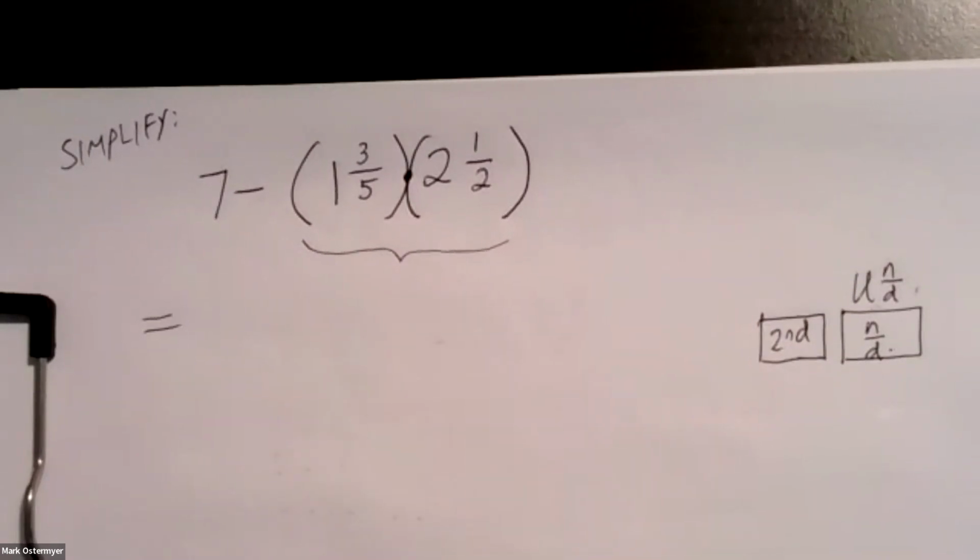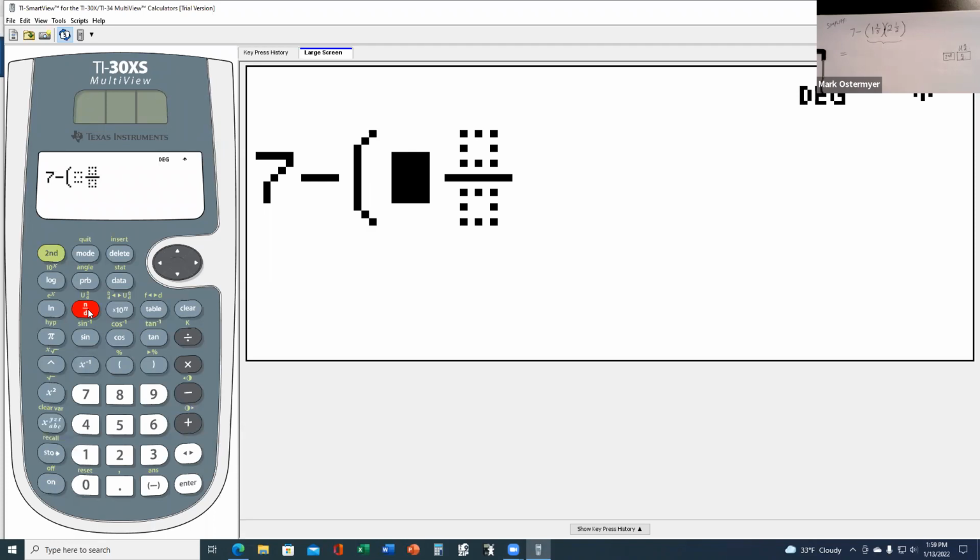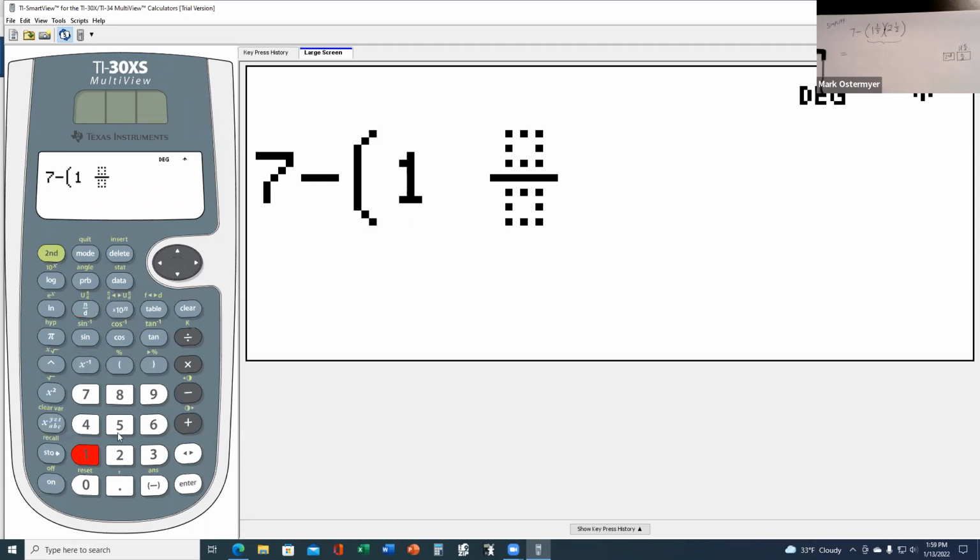Okay, so let's go back and try that out. So I hit my second button and then my fraction button, and there's my mixed number template. Now we just type in 1 3/5. 1, hit your right arrow key to go to the numerator. 3, hit your down arrow key to go down into the denominator, 5.